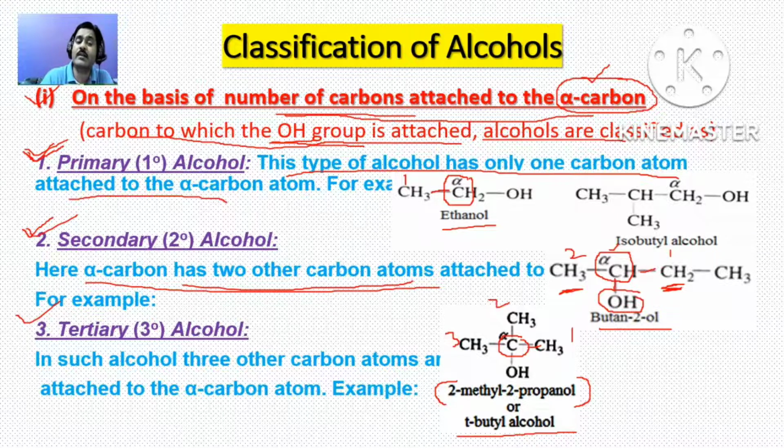If it is combined with two other carbon atoms, that is called a secondary alcohol. If three carbon atoms are combined with the alpha carbon atom, that is called a tertiary alcohol or third degree alcohol. Now another basis of classification is the number of hydroxyl groups. Let's see.